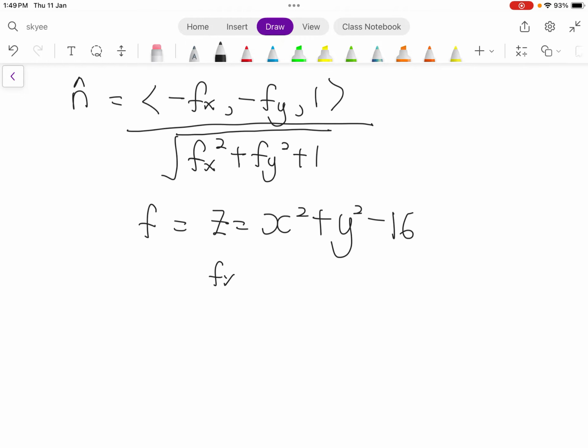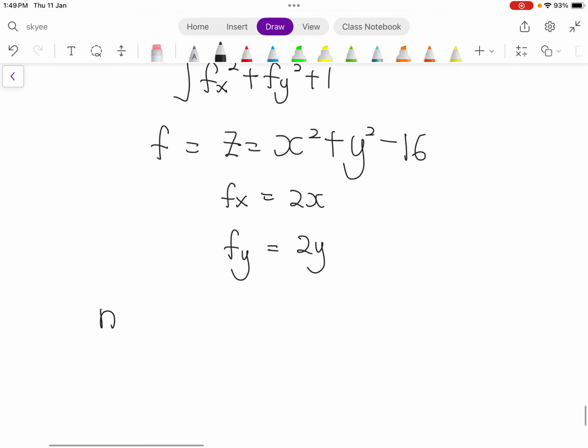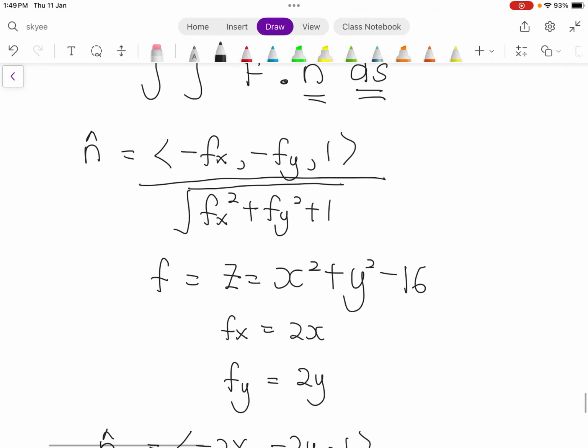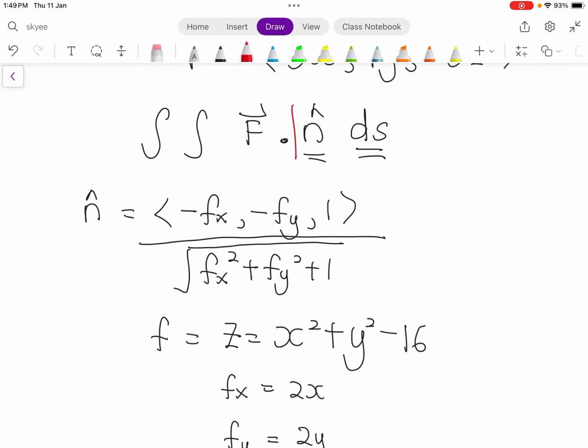So fx will be 2x and fy will be 2y. You can replace them, and it becomes negative 2x, negative 2y, and 1, divided by the square root of fx squared plus fy squared plus 1. So we have completed n.